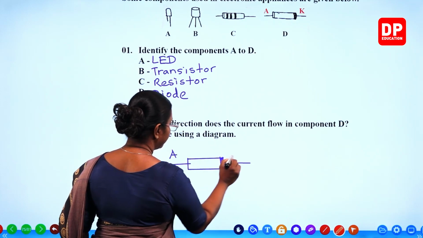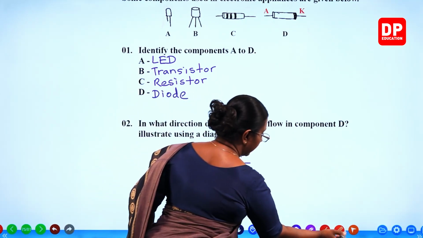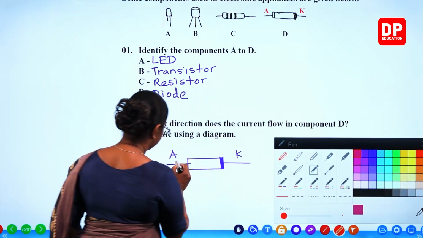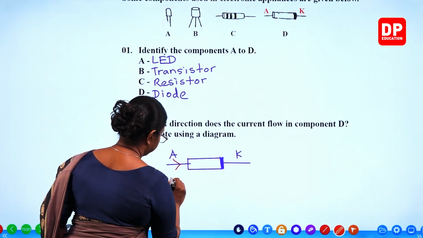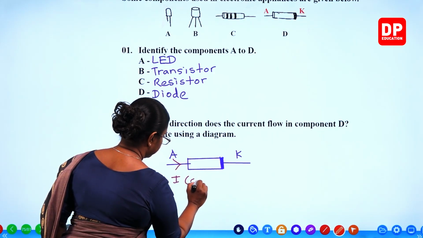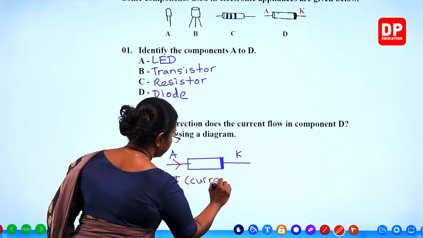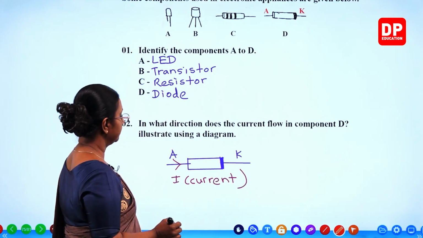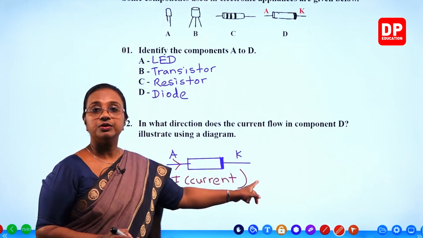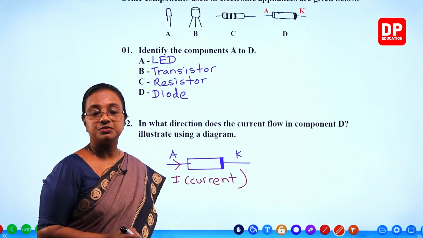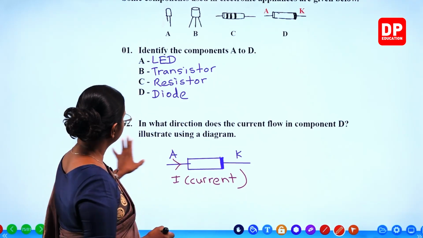So this is anode, this is cathode, and the direction of the current flow is this. Current flows in this direction from anode to cathode. Is that clear, students? So that is how the current flows.